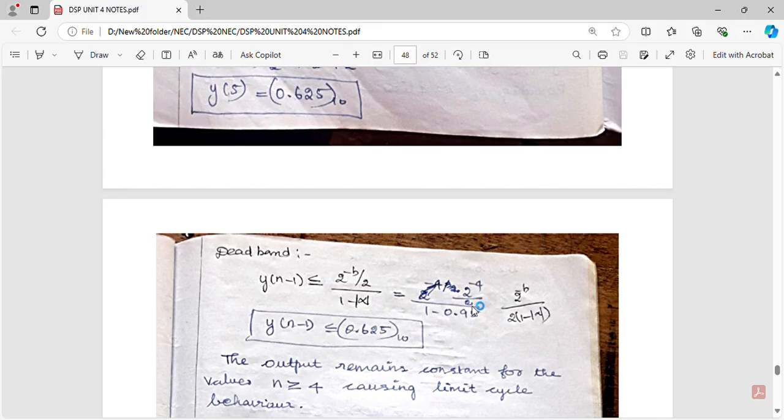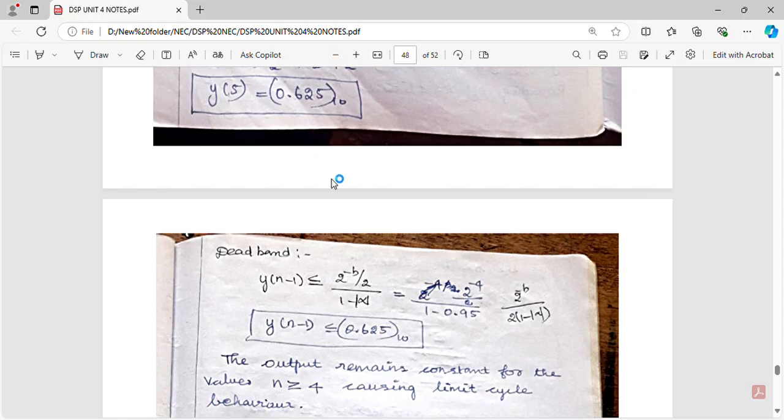So we take that constant as alpha, and 2 power minus b is given as quantized to b is equal to 4 bits. So b is equal to 4. So 2 power minus 4 divided by 2 into 1 minus 0.95. If you calculate, we can obtain the value 0.625 in decimal.